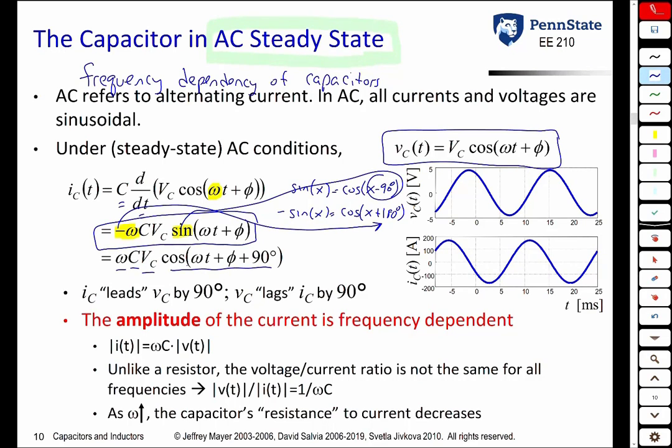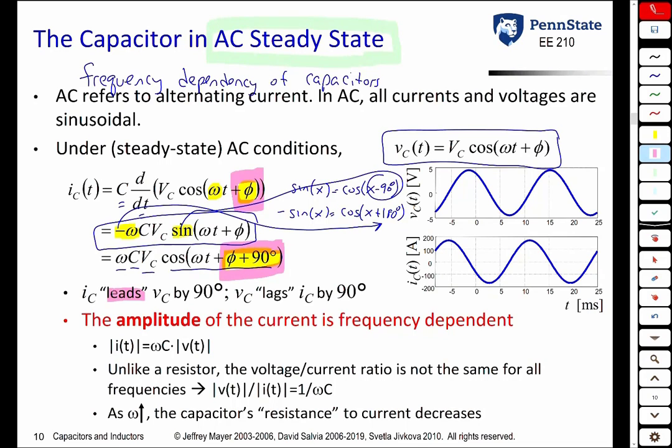So there are two things we see from this. First thing is we see that the angle of the current is 90 degrees more than the angle of the voltage. So the angle of the current is phi plus 90 degrees. The angle of the voltage signal is phi degrees. We say that IC leads VC by 90 degrees.